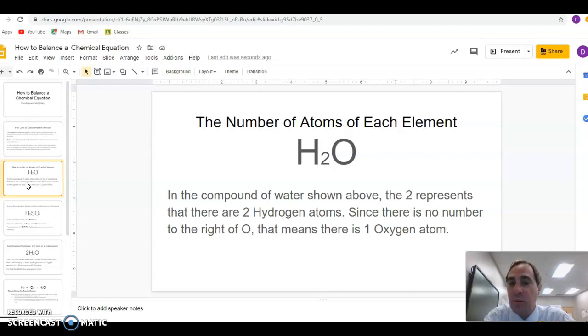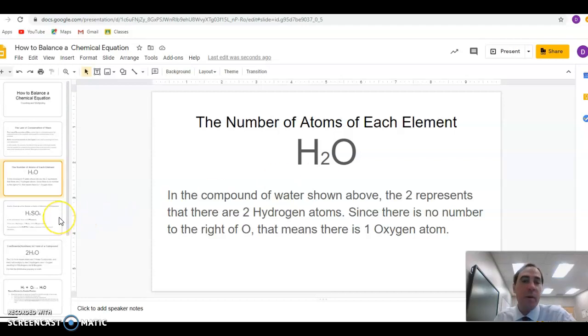So if you see a number to the right and below a letter, it's going to tell you how many atoms of that element are in the compound. You'll see that with the O, there is no number. And whenever there's no number, it is always assumed to be 1. So this is telling us that there is 1 oxygen for every 2 parts hydrogen.